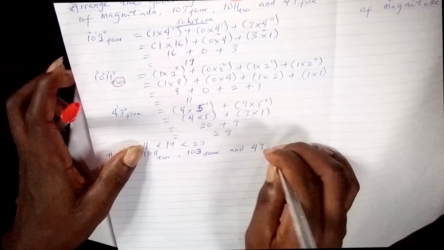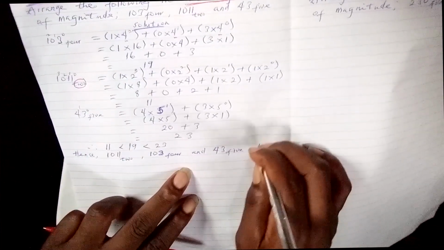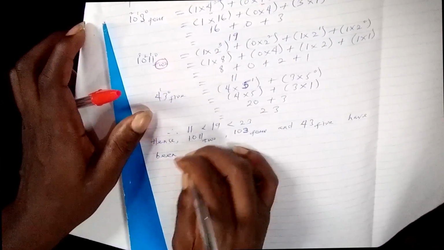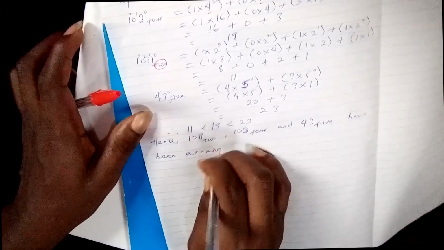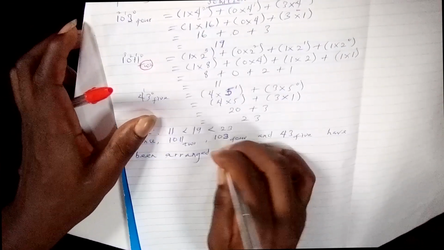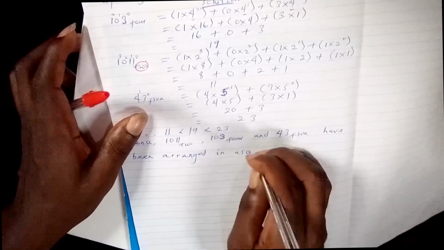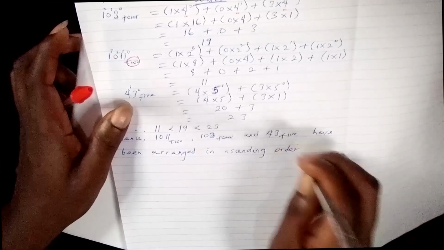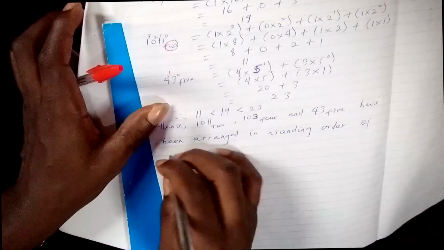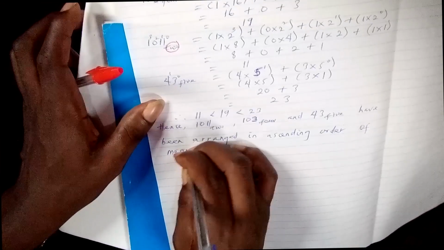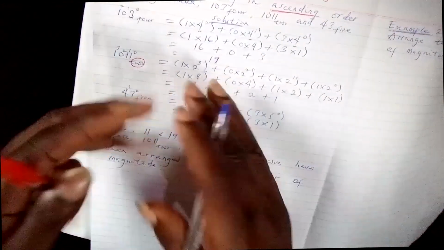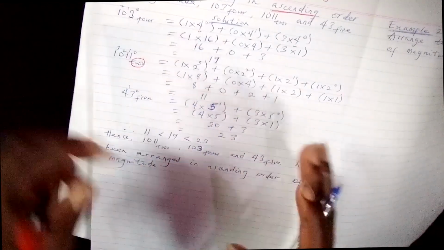So 43 base 5, have been arranged in ascending order of magnitude. That is it. So doing this, we have successfully been able to arrange them in ascending order of magnitude.